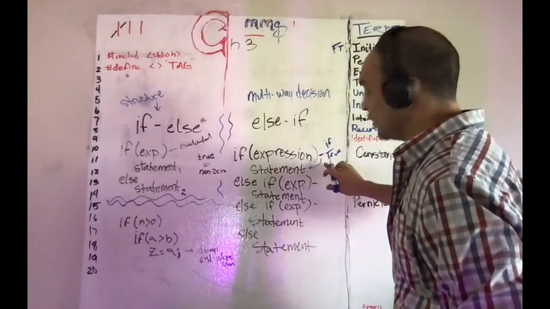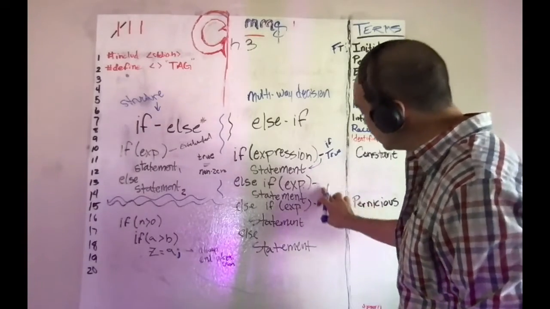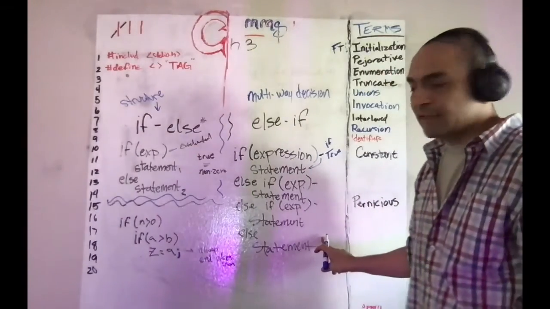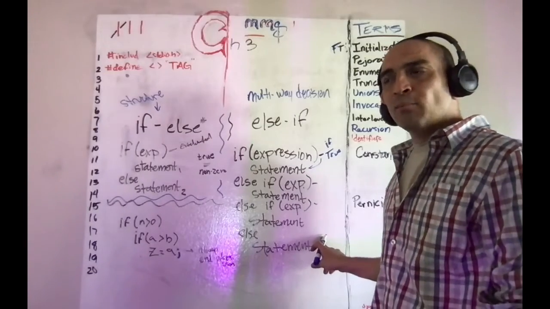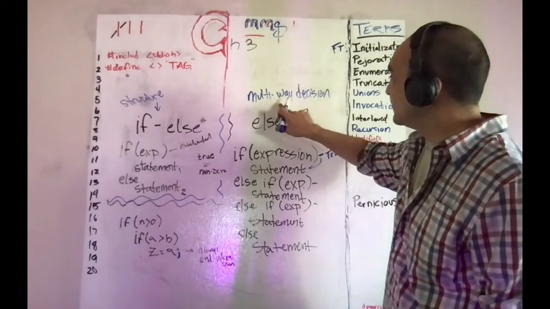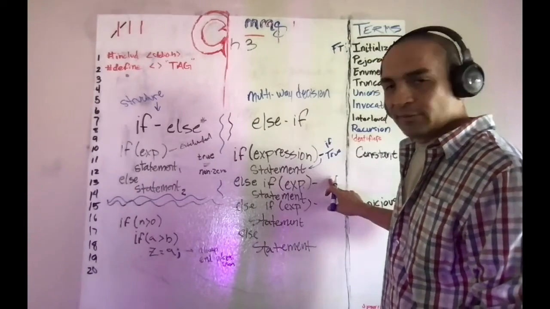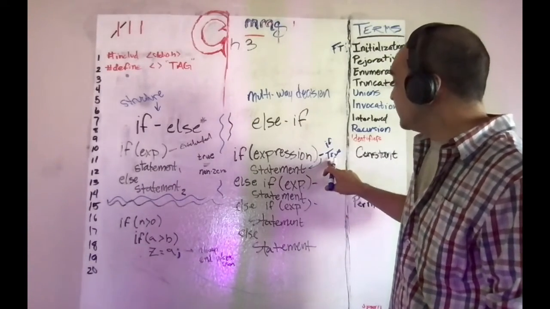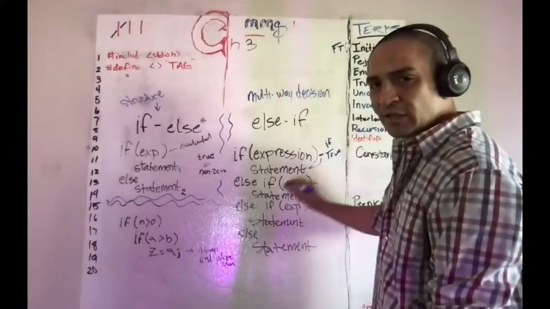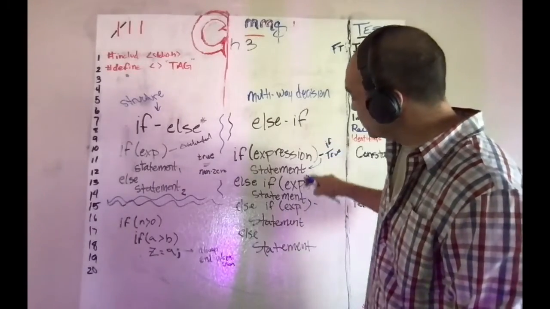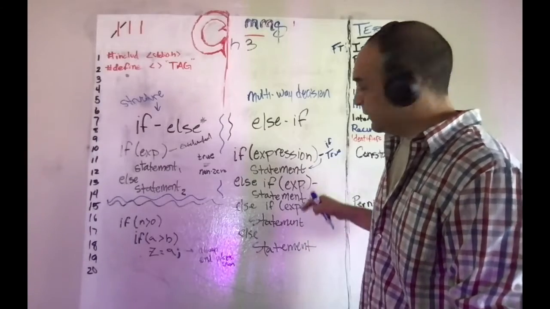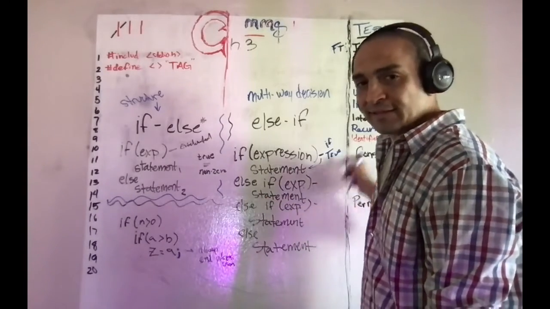The only time you're going to use else if is when you need to make a multi-way decision. For the first expression, if it's true, it ends and that's it. It keeps going through all these decisions trying to find which expression we're looking for, and until it finds that expression, it's going to terminate.